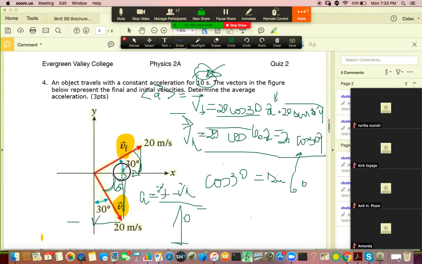So here you are trying to project, the angle is 60 degrees. So you could project v initial in y by saying, well, that's cosine of 30, or sine of 60. It's basically the same. Good enough?